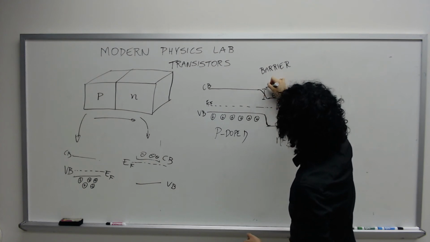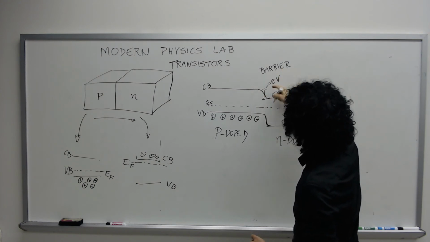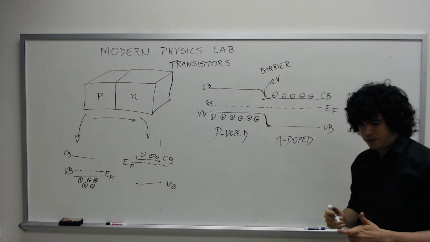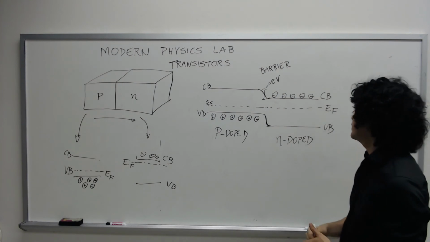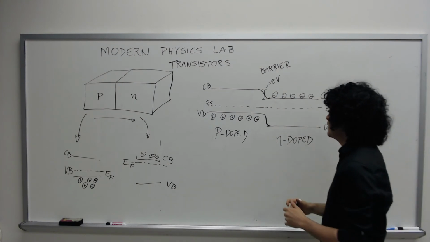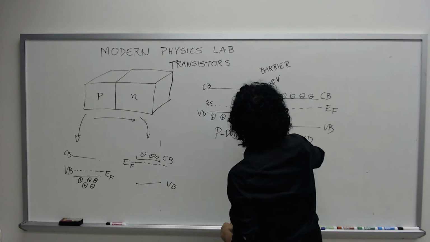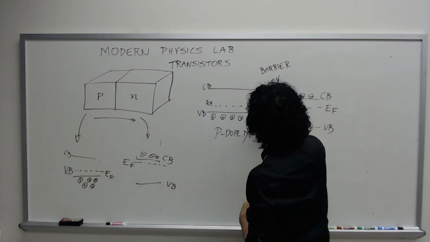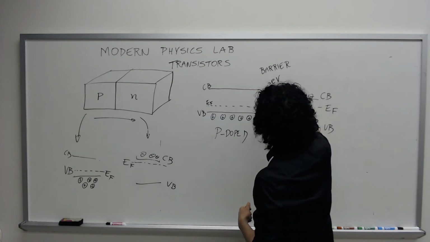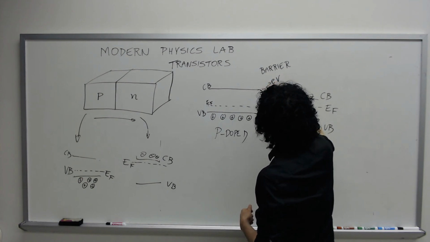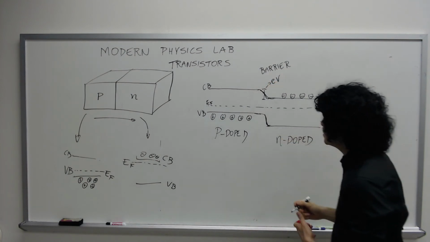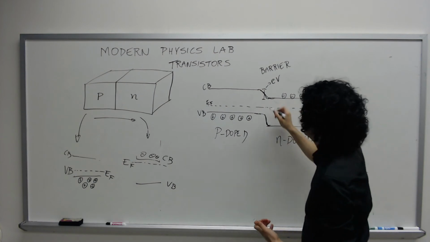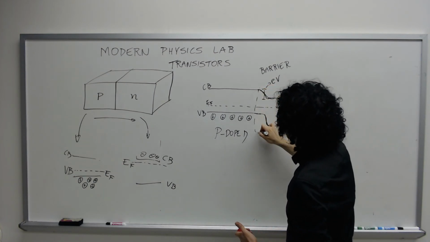whose energy is given by eV, the electric charge multiplied by the electric potential. So this creates a barrier, and there are no majority carriers around this barrier. So this is called a depletion layer, or depletion zone, because there are no majority carriers there.